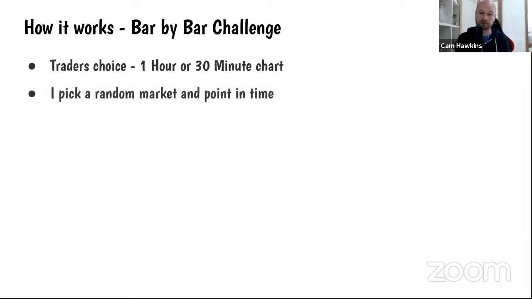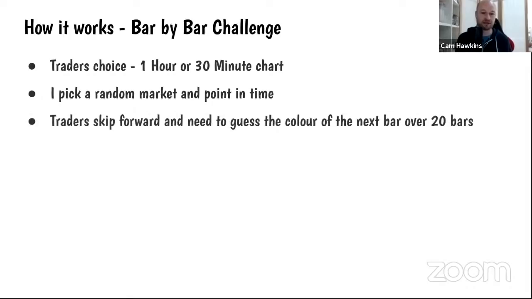I'm going to pick one random market and a point in time. So we'll just zip back and pick one. And then traders need to skip forward and guess the color of the next bar over the next 20 bars. You're going to say it's bull, bear, whatever, and we're going to record that score.